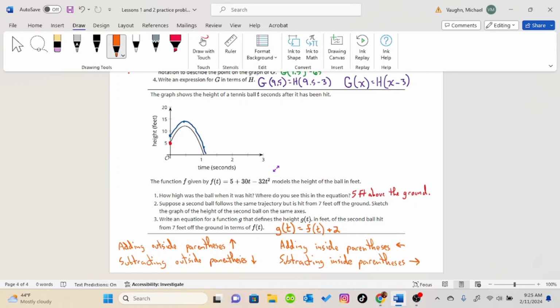Make sure you remember these 4 indicators, and that will help you understand.